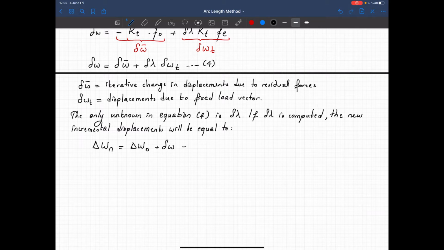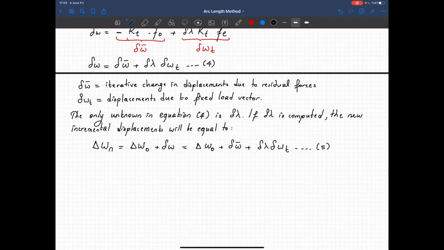which now I can write in the following form: delta W0 plus del V hat plus del lambda del V total. And let's call this one equation 5.